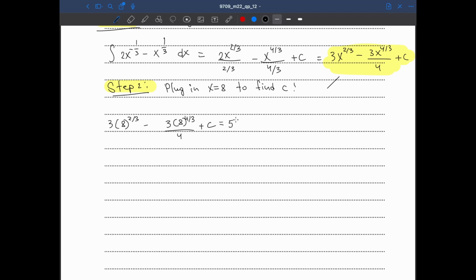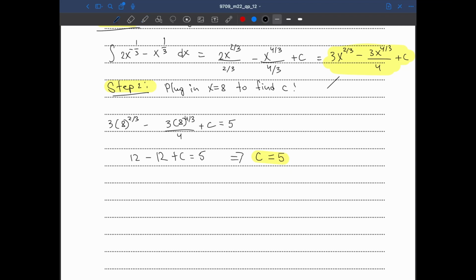Now let's plug in the values into our calculator and simplify things down. 8 to the power 2 over 3 multiplied by 3 gives us 12. And then 8 to the power 4 over 3 multiplied by 0.75 also gives us 12. So 12 minus 12 plus c equals 5, which gives us c equals 5.